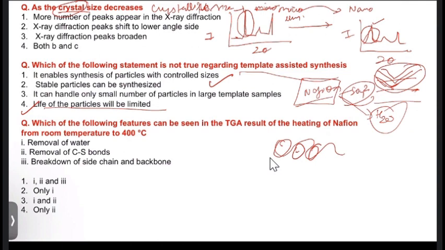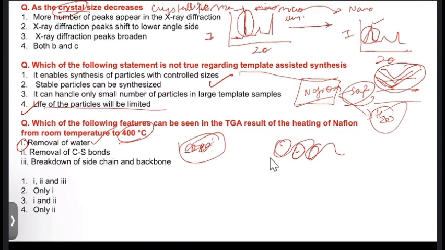Which of the options is correct? What happens at 400 degrees Celsius? Yes, we know this is a logical thing. Removal of water will take place. So, using option elimination, the option which has statement 1 is correct.